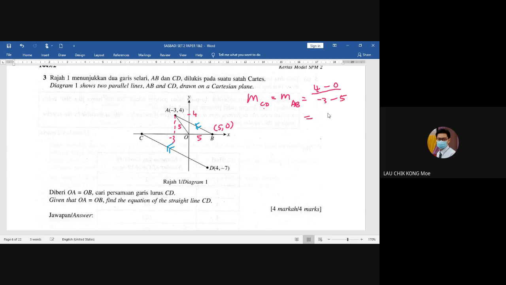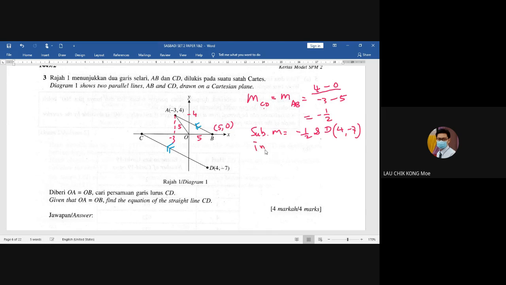Okay, so you will get 1/2. Sorry, negative, going down. Yes, negative. Okay, and then after we get this, we try to substitute the gradient equals to -1/2 and the point D, because we want to find the equation of line CD, right? So we get the point from the CD for -7. One of the point here, we only know the D ma.